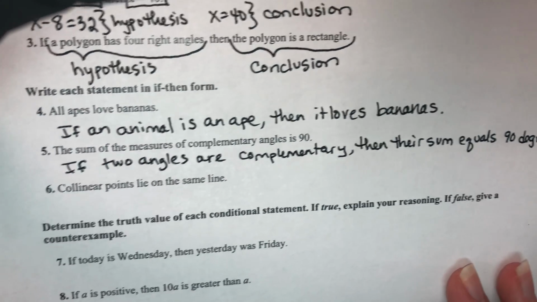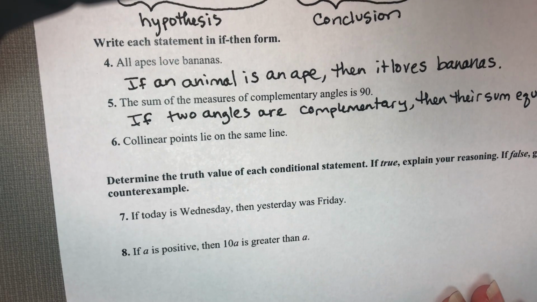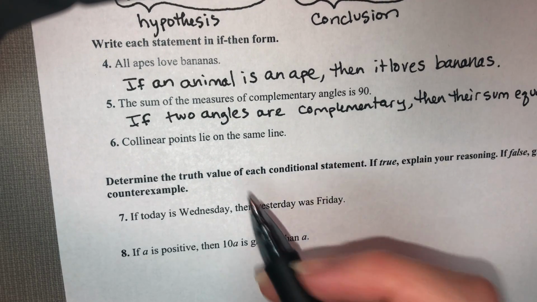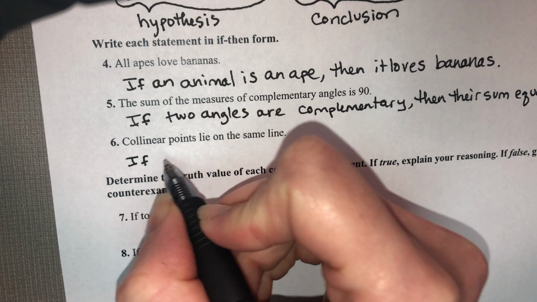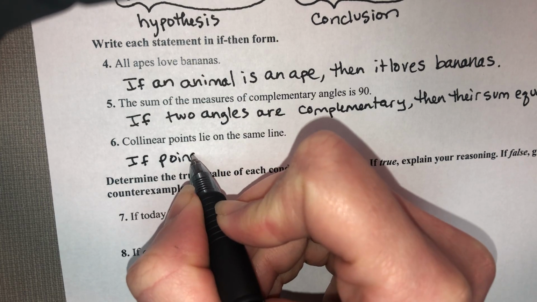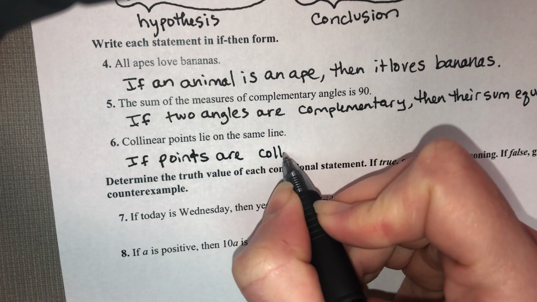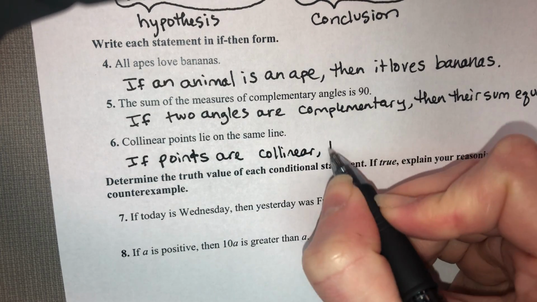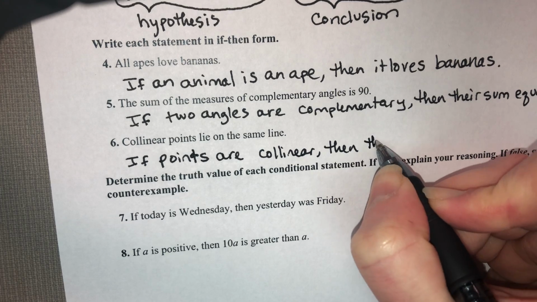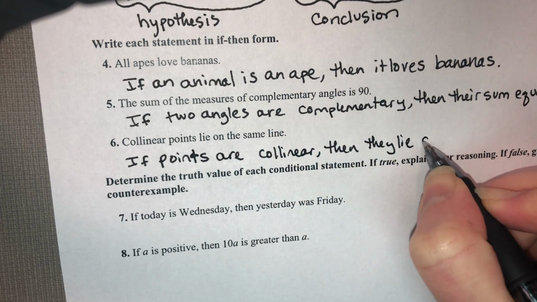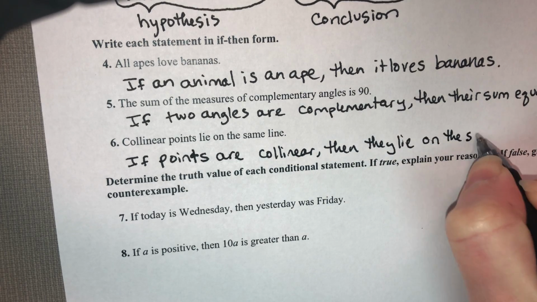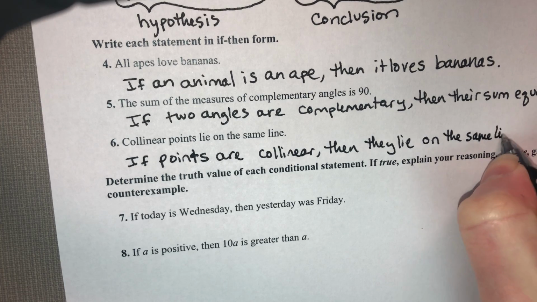Okay. Number 6, collinear points lie on the same line. So if points are collinear, then they lie on the same line.